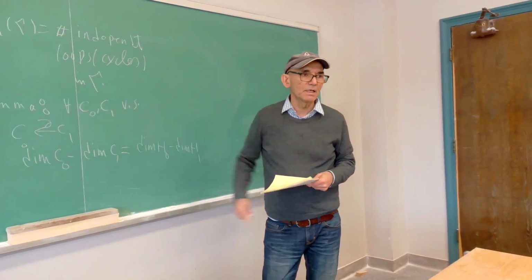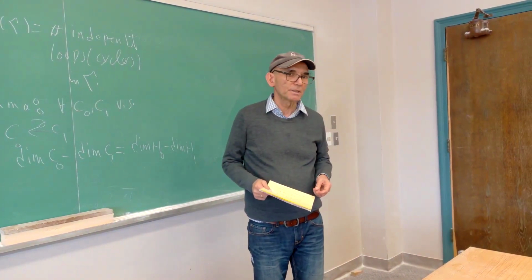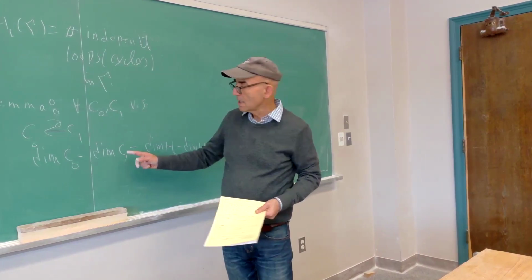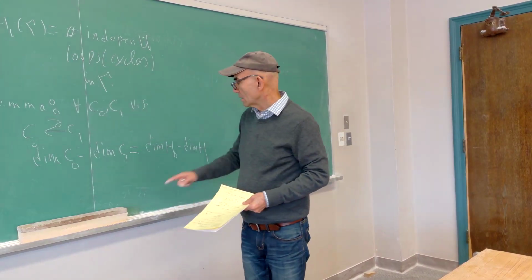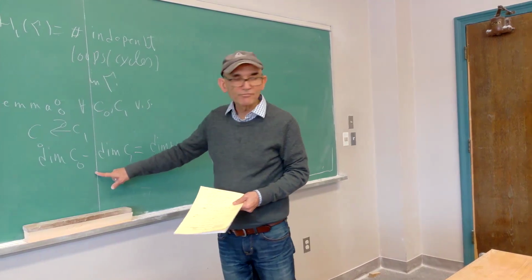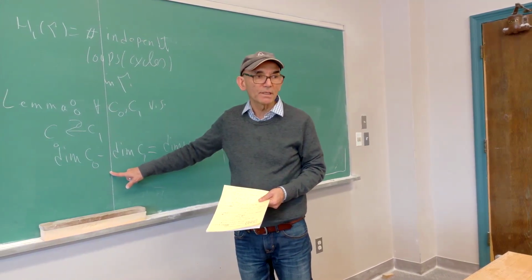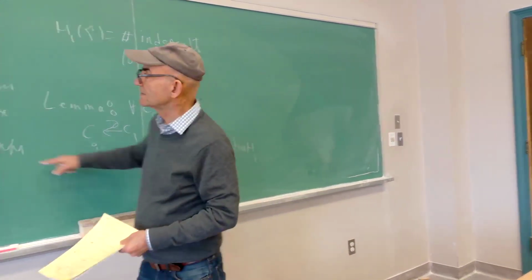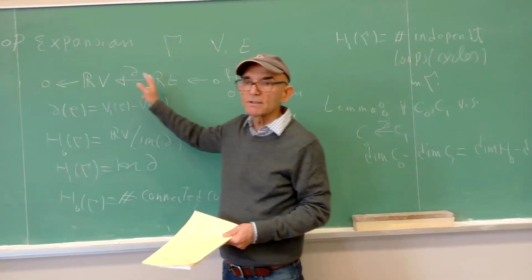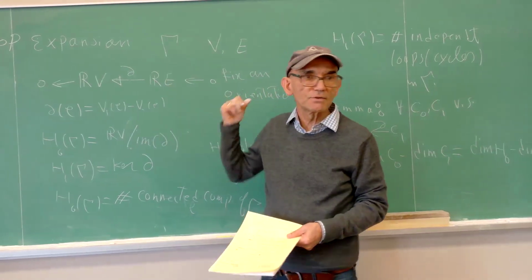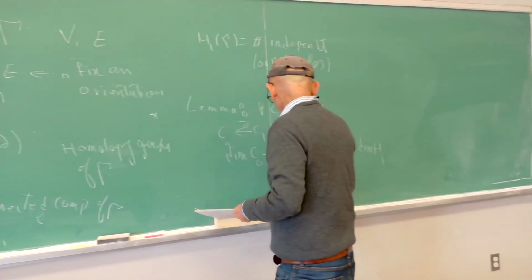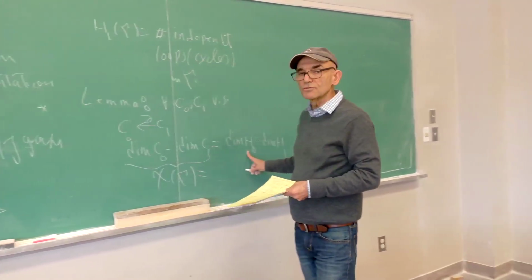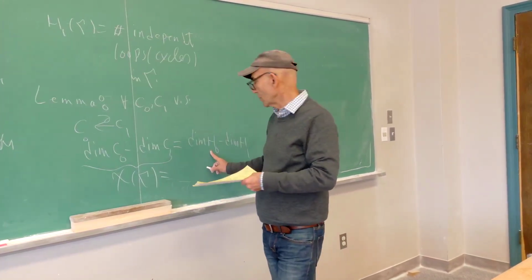This is a simple rank plus nullity theorem, basically. I encourage you to prove that using the rank plus nullity theorem. Once you prove that, the dimension of C0 is the number of vertices minus the number of edges, the dimension of C1. So this is exactly the Euler characteristic of the graph. It comes out to be equal to dimension of H0 minus dimension of H1.